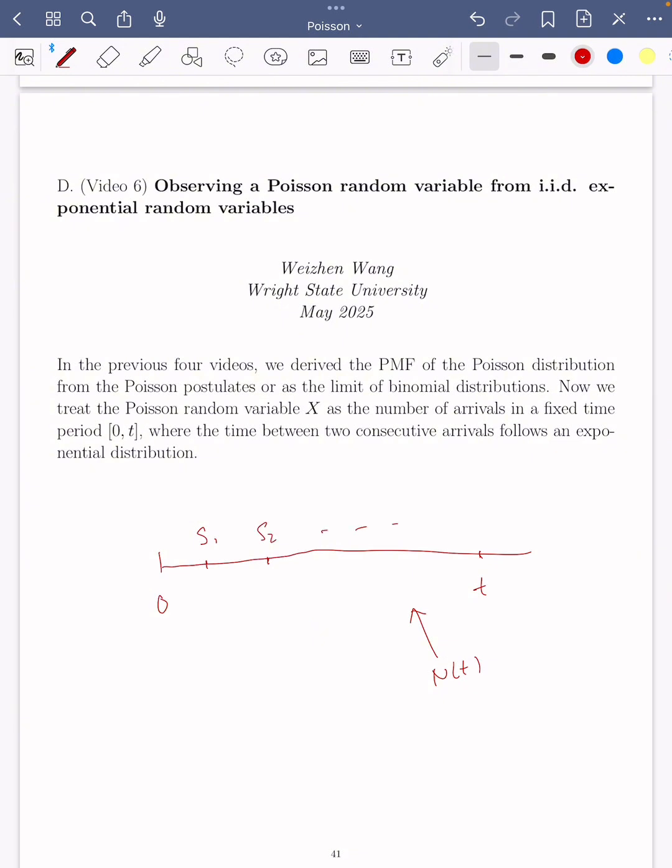And you know that the time between two consecutive arrivals, we are assuming that this distribution is an exponential distribution. So under this condition, we will derive that N_t is a Poisson random variable.